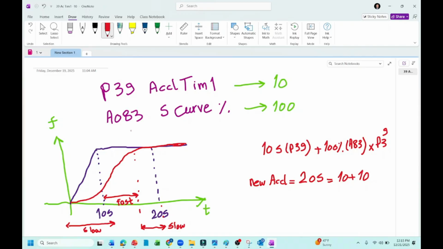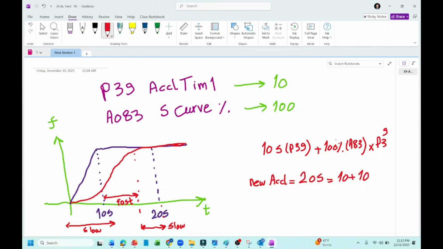So if you check the A083 S curve and put that at 100%, what does it mean? It gives you a new acceleration time, which is smoother. If I put 100 on A083, the new acceleration time is 100% of what you have on P39, which in my case is 10 seconds.